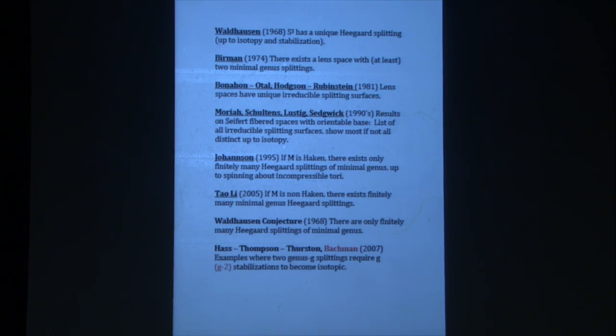And in the course of various works in the 90s, there's this work of Yoav Moriah, Jennifer Schultens, Martin Lustig, and Sedgwick that for Seifert fibered spaces they enumerate all the possible irreducible splittings, and except for some very rare circumstances, they can show that they're all distinct.